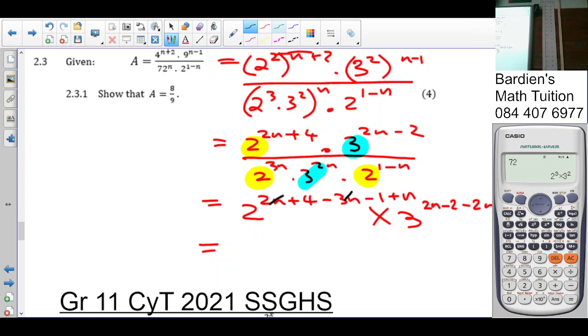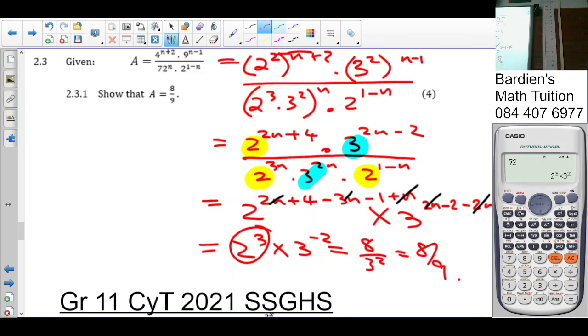Simplify. That cancels. Leaves you with 2, 4 minus 1 is 3, times that cancels. Gives you 3 to the negative 2. 2 cubed is 8 over 3 squared at the bottom, which is 8 over 9. And there we have just proven that A is 8 over 9.